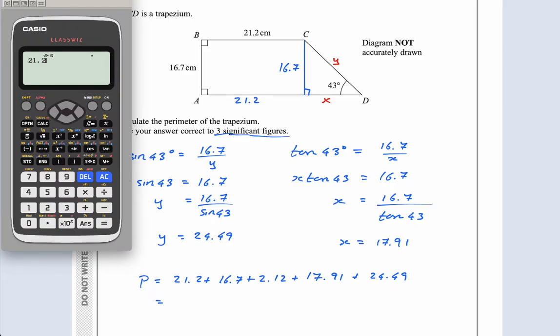So 21.2 plus 16.7 plus 21.2, because that is a typo, 21.2, plus 17.91 plus 24.49, and this gives me 203 over 2, or 101.5.